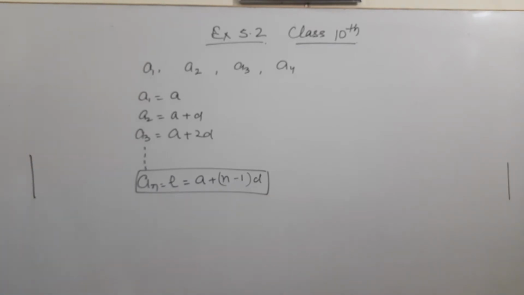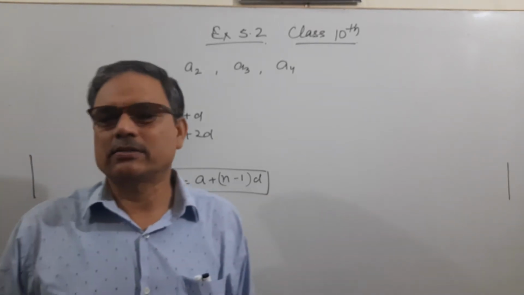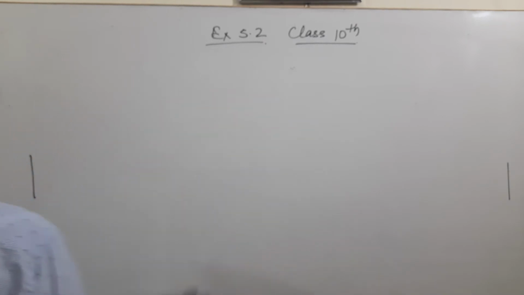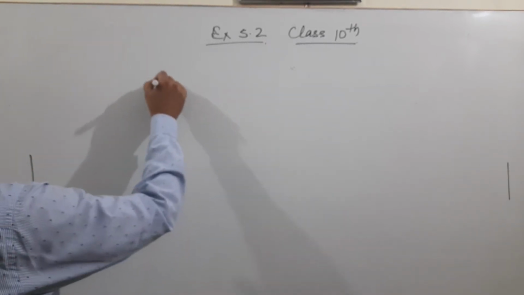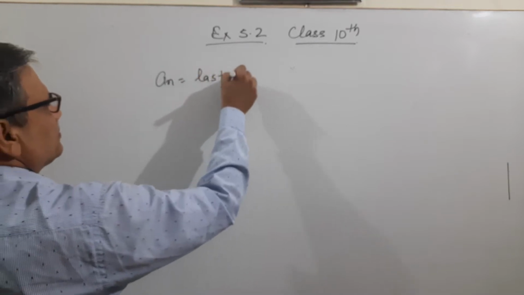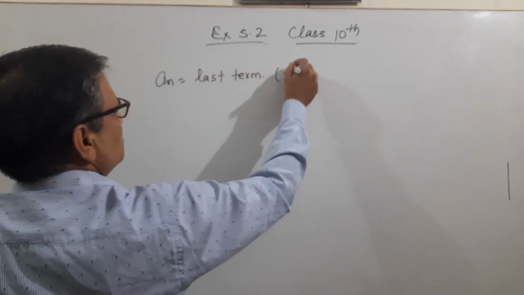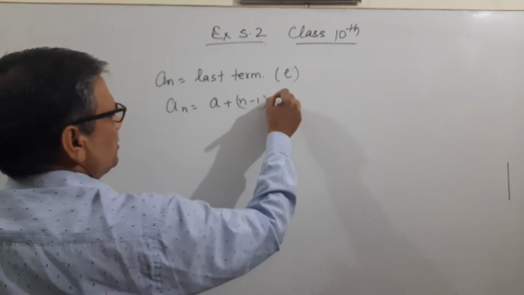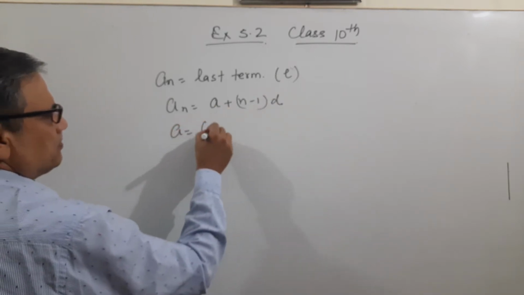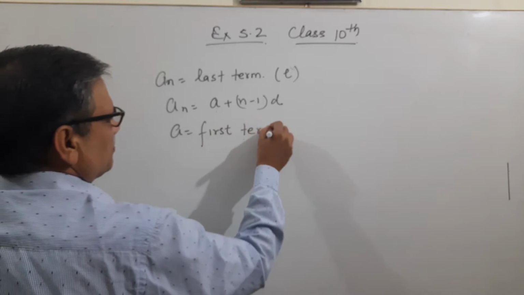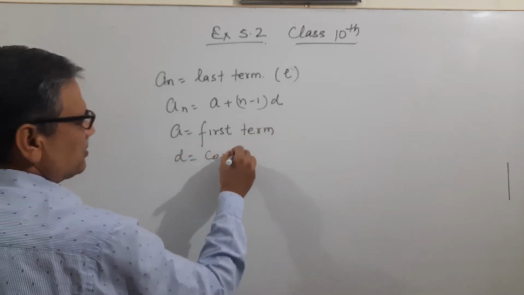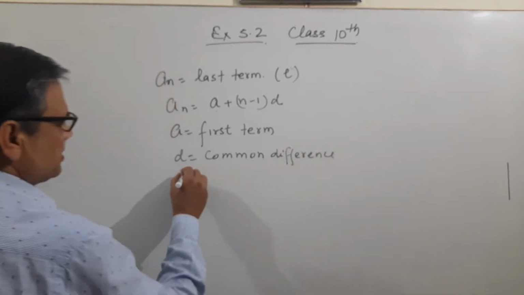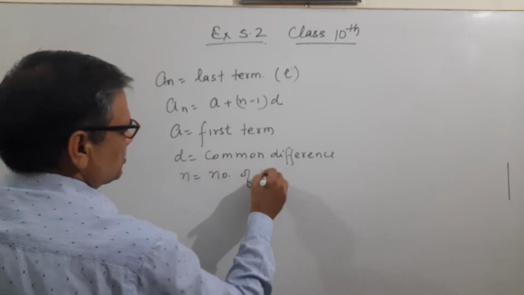The formula which we will use in this exercise is An, which is our last term, also represented by L. So An is equal to A plus N minus 1 into D, where A is the first term, D is the common difference, and N is the number of terms.